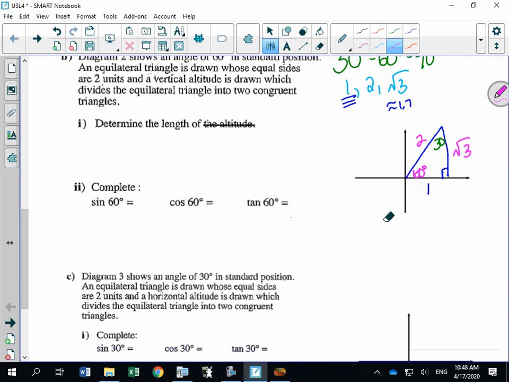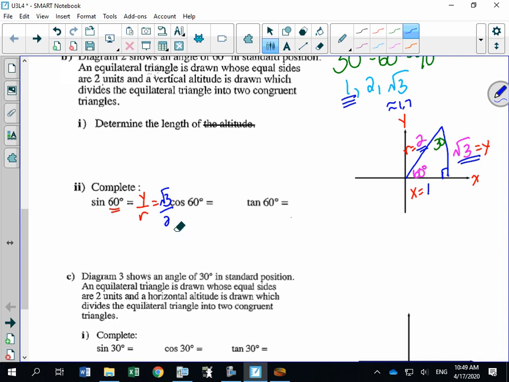Now that we have this, we can do our exact values. So label your x and y. That's your x value. This is your y value. That's your radius. Sine of 60 degrees would be y over r, I'm just going to make this a bit cleaner, which is root 3 over 2.